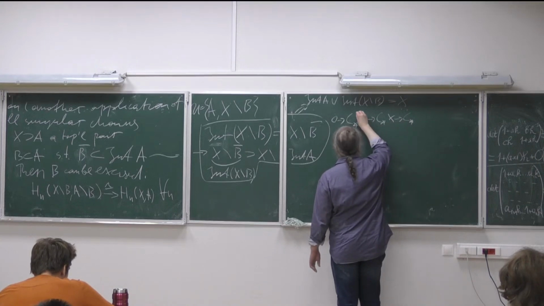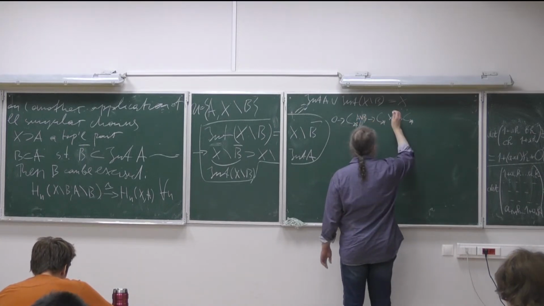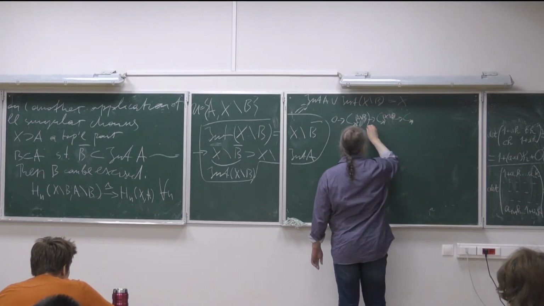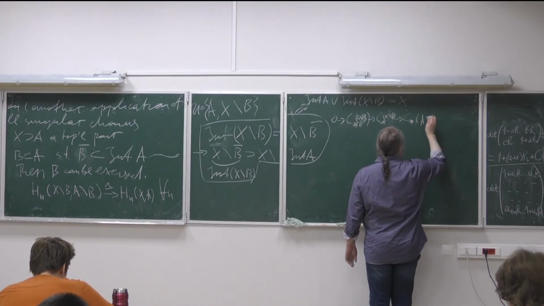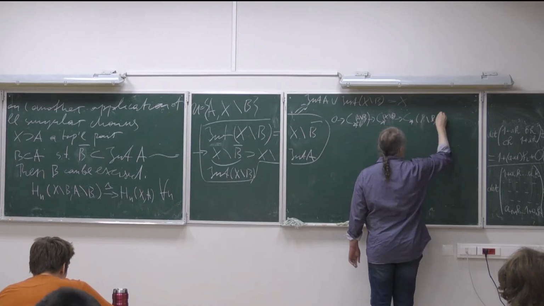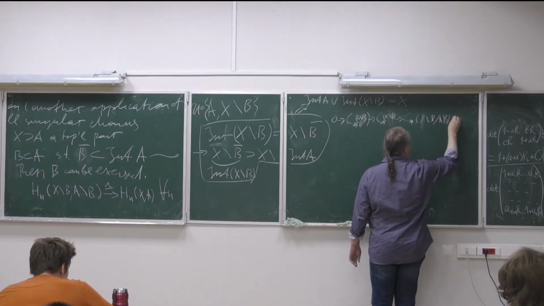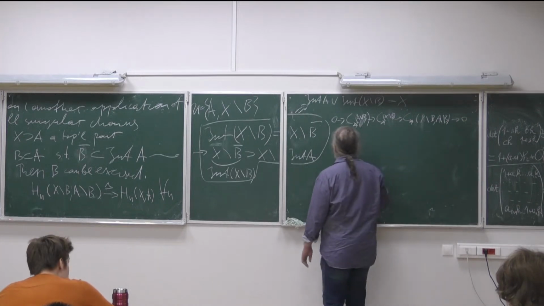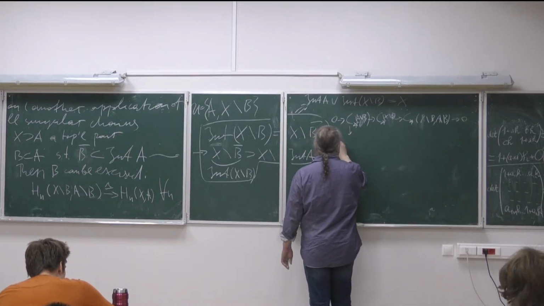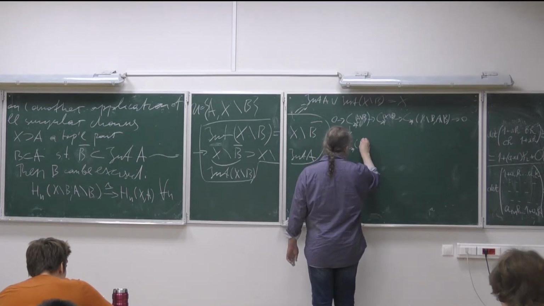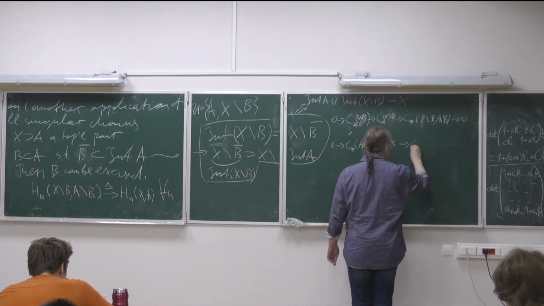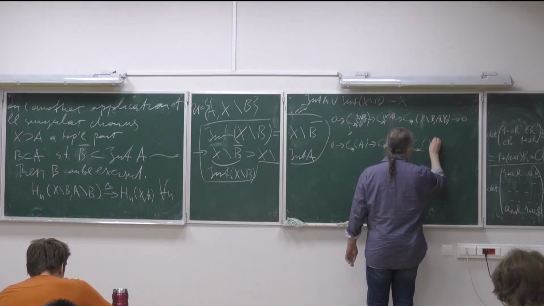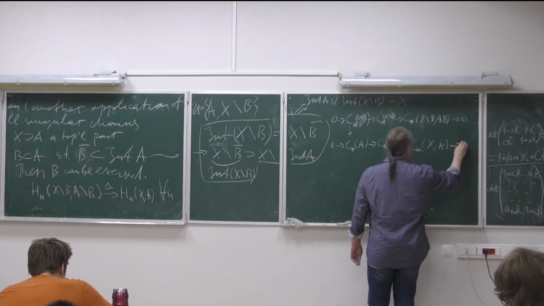Let me take A minus B, X minus B, X minus B mod A minus B, 0, the same for A, X mod A, 0.